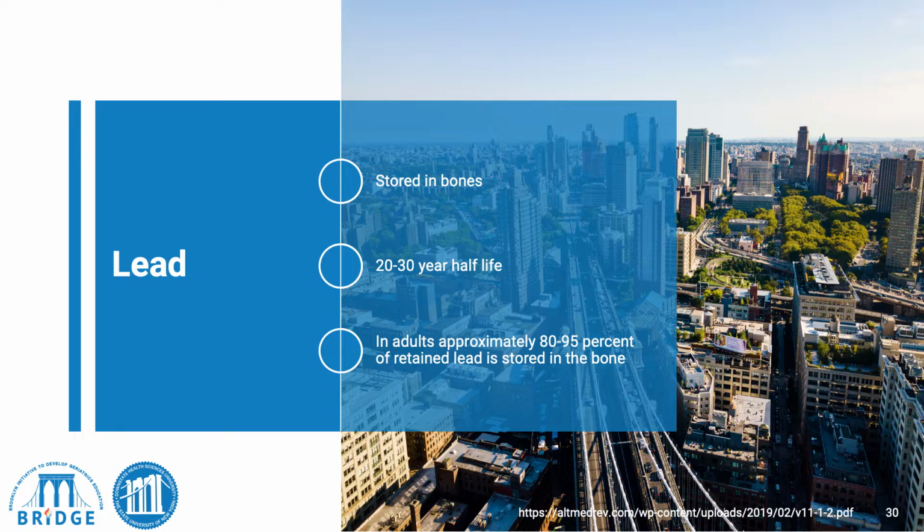So if you are exposed to lead, it will deposit in bones. It will also be excreted, but it will have approximately 20 to 30 years half-life in your bones. And in adults, approximately 80 to 95% of retained lead is kept in the bones. It eventually will come out, but exposures will remain in the body.